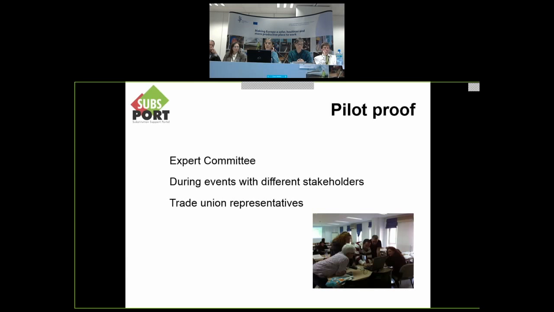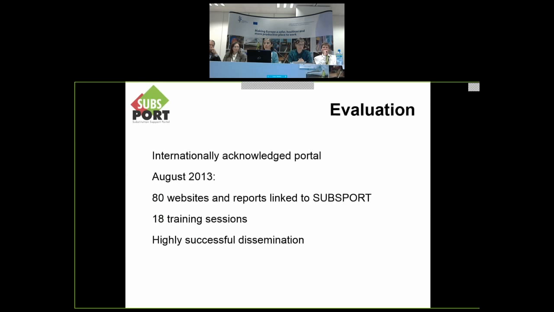And then during events with different stakeholders. Until 2013, this is the evaluation, and then Isabella will follow on. But right now, it's an internationally acknowledged portal.